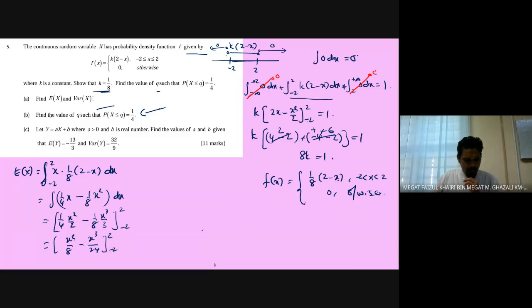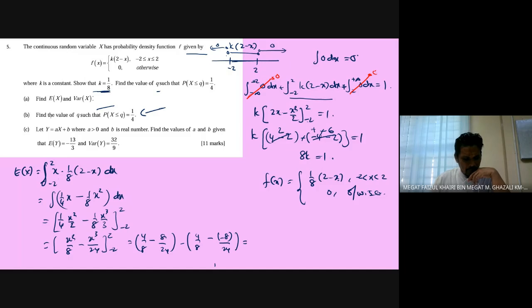Okay, so for this one, expected of this, substitute 2 first. 2 squared equal to 4. 4 over 8 minus 2 cubed equal to 8 divided by 24 minus, negative 2 squared equal to 4. 4 over 8 minus negative 2 cubed equal to negative 8 divided by 24.